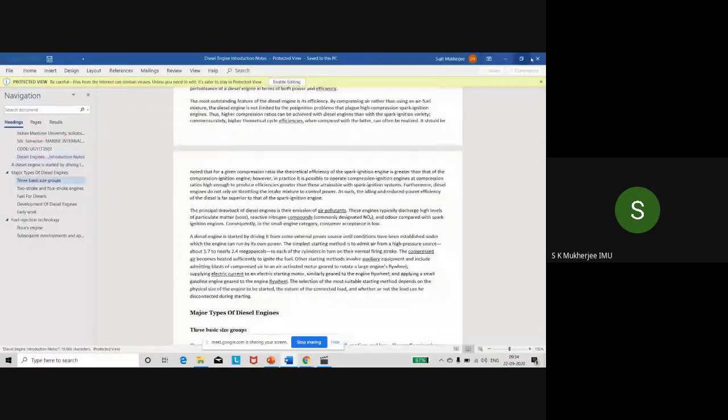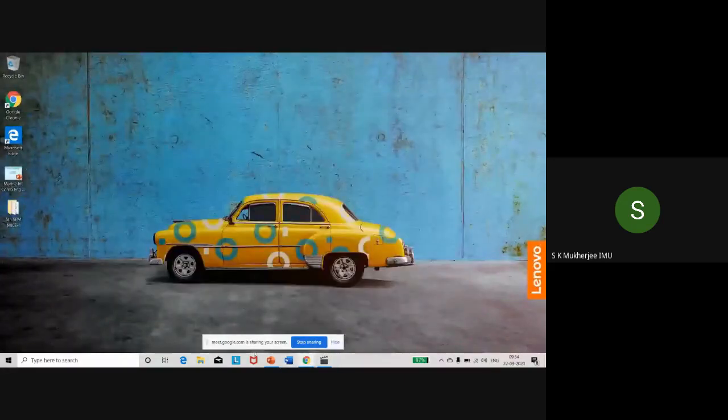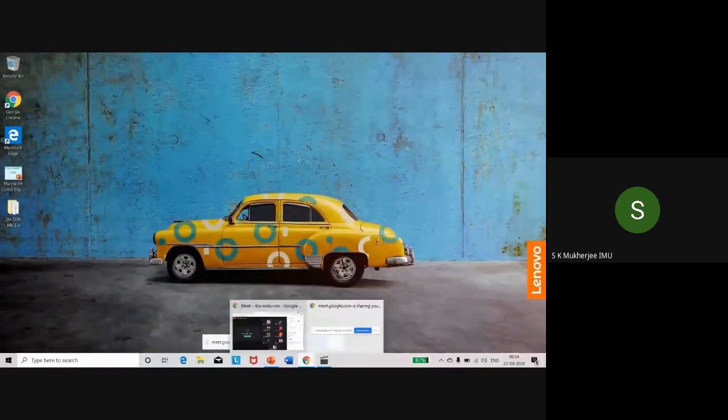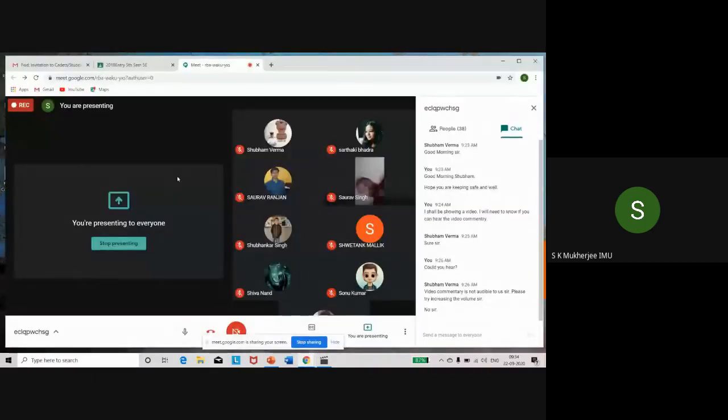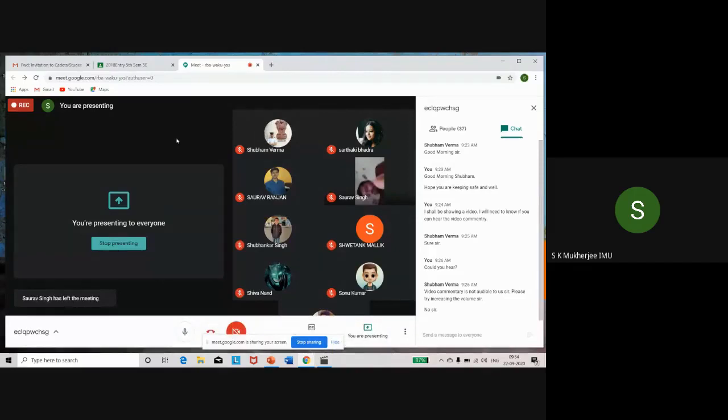No, I don't have the diagram here. Okay, I'll have to go back to the old PowerPoint. Now, how do I go back? Actually, I have a new laptop now, and the sound system is much better than the previous one. So I'm getting a little more familiar with it. And Sarthaki, I will get your diagram.